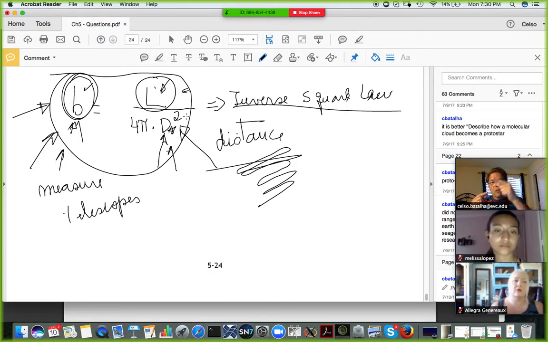They start observing objects, and by applying the inverse square law, they initiate a process of mapping out our galaxy, our local group of galaxies, and now we have a perfect 3D picture of our universe, at least the visible universe, using solely this simple equation, which is the inverse square law.